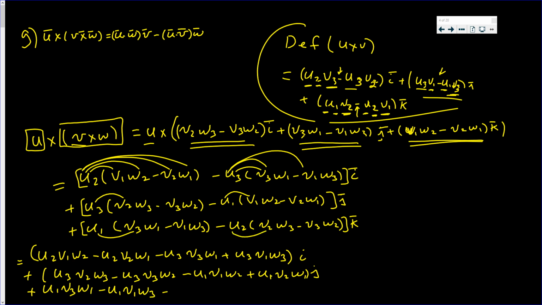Then distribute the negative U2: V2W3 plus U2V3W2. And this is in the k direction. And this sum is equal to U cross V cross W. So we want to hold on to this.